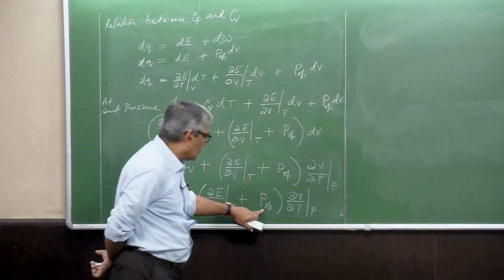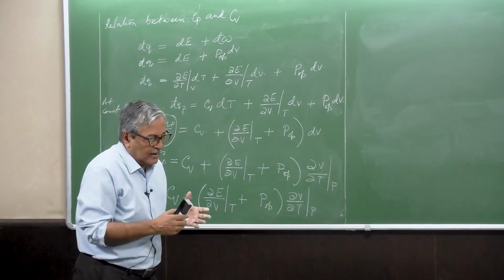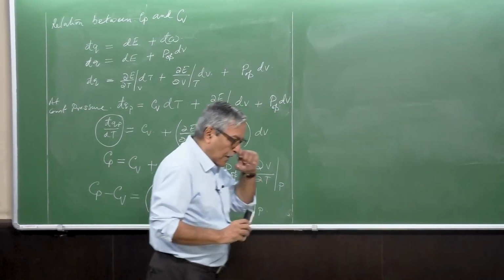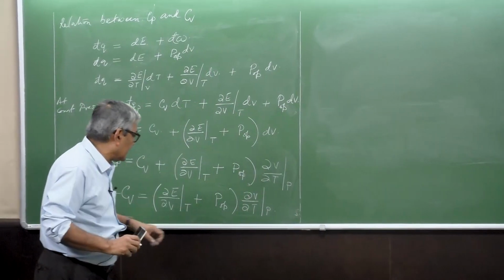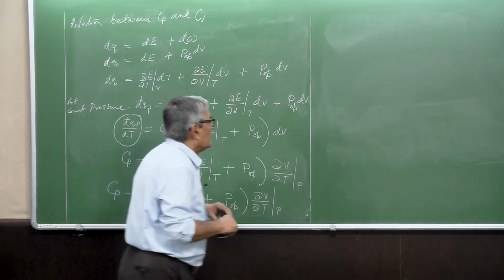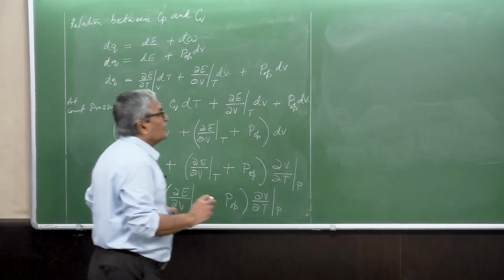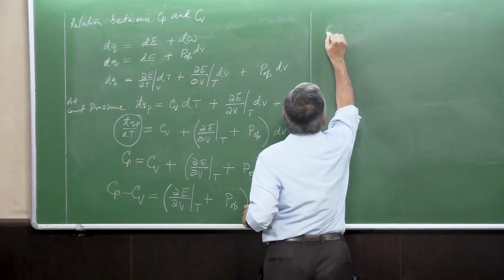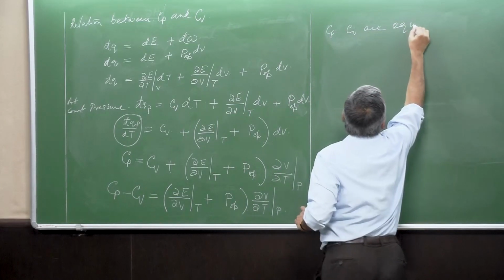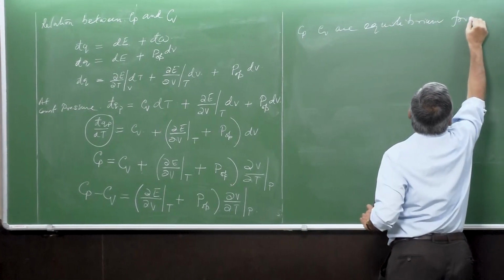P opposing is the pressure opposing the work done by the system. Cp and Cv are equilibrium properties.